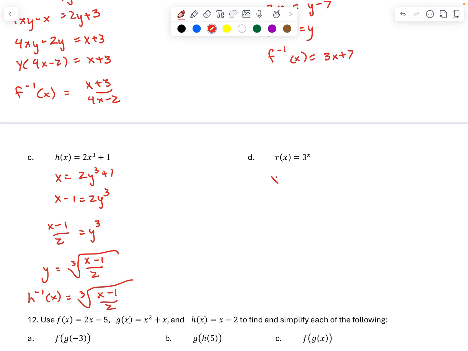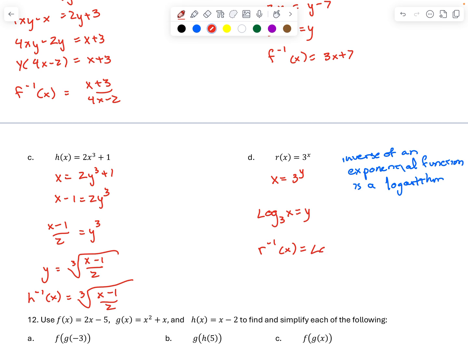Spiffy. So, how do you get rid of exponents? The inverse. So, all right.